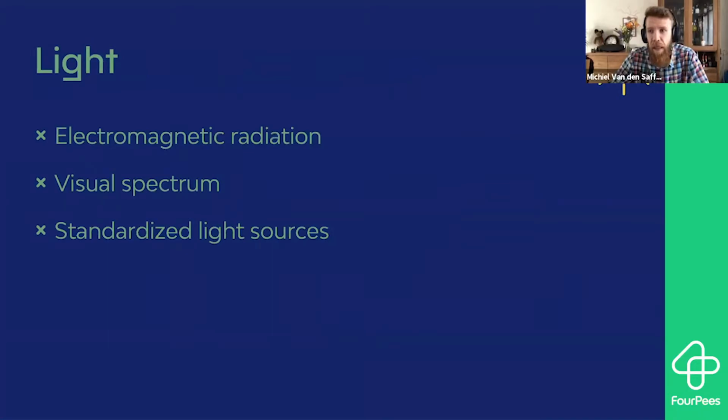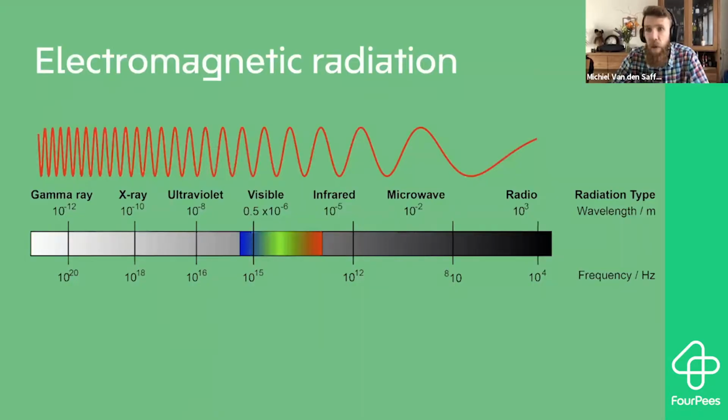First off, light. What is light? Light is just electromagnetic radiation. The thing that we call light is basically a part of a huge spectrum of radiation. And then we can identify standardized sets of radiation that we call standardized light sources. If we look at the electromagnetic radiation, there are immediately some words that we recognize.